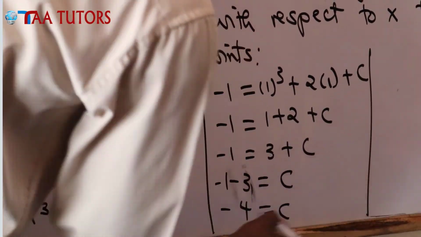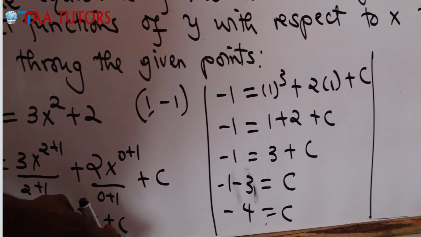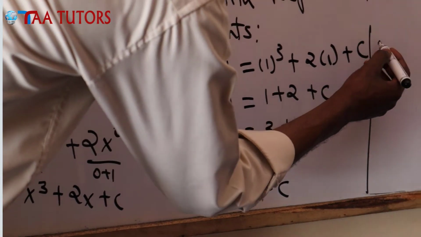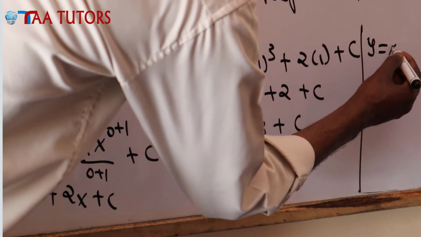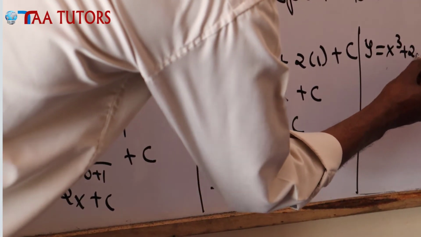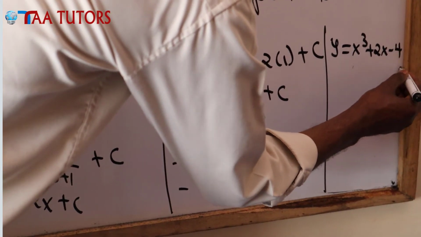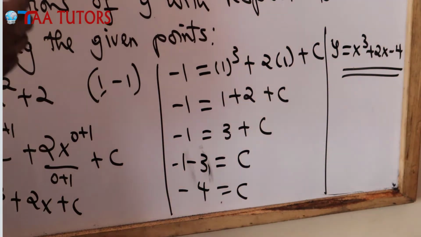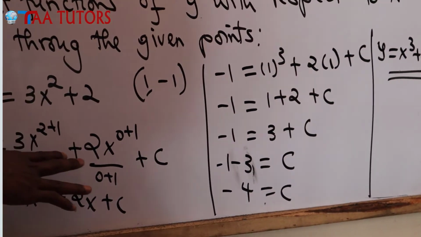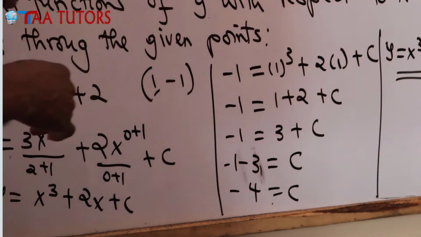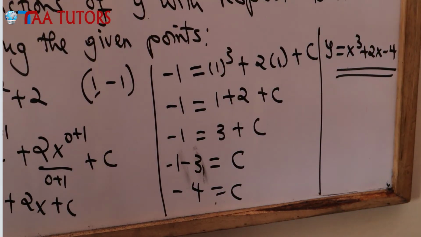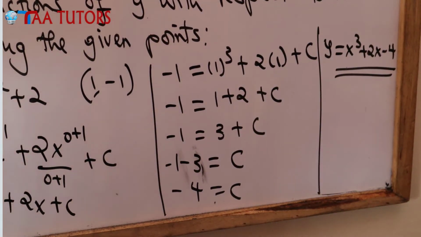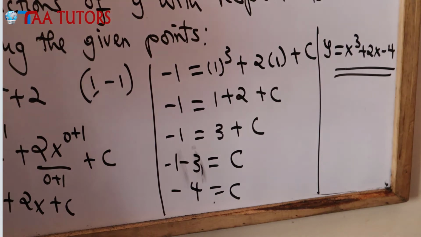After we get c, we can substitute it in the equation, so the curve is y equals x cubed plus 2x minus 4. This is the actual curve. So you realize that by doing this, we are now able to get the value of c. So the function will not actually just be in terms of c only.